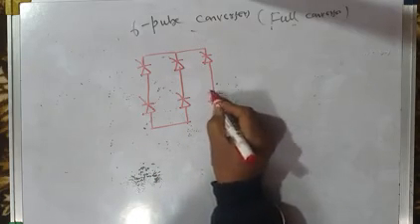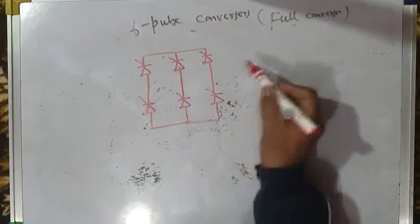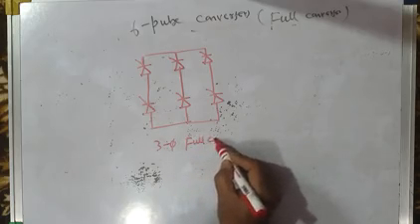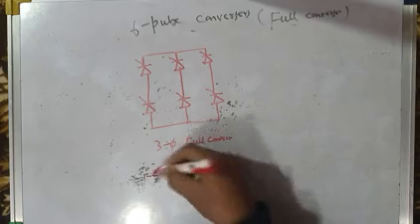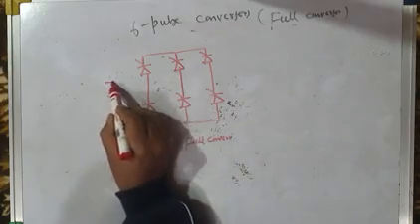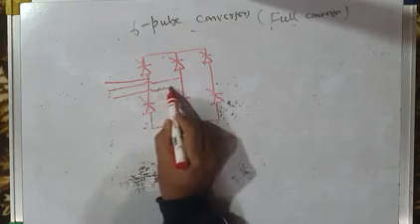Six pulse converter is basically a three phase fully controlled converter, as you can see, or three phase full converter. It's a three phase full converter which converts AC into controlled DC output. Three phase AC is converted into controlled output DC, variable DC output.